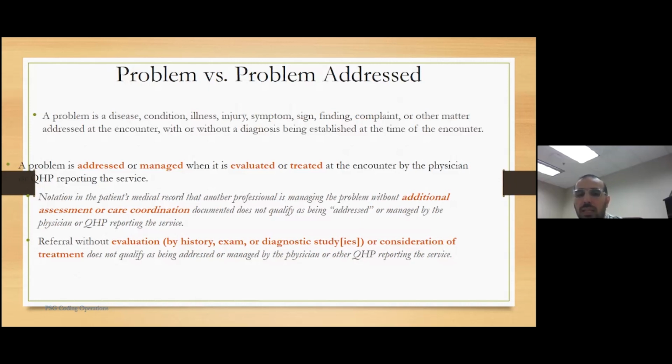You cannot claim it. However, if you say seizure uncontrolled, patient will need referral to neurology, then that is a problem that you are addressing or managing or co-managing or referring. So you get paid or get points for it, instead of just sending a referral without getting any points for it.